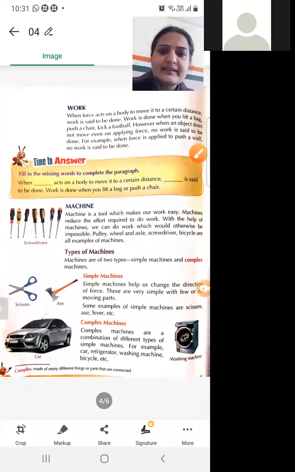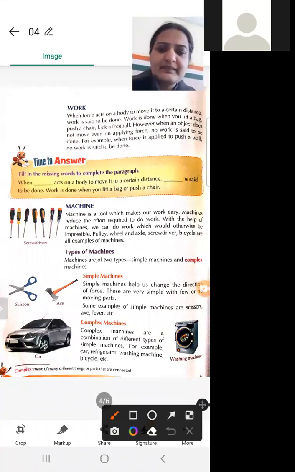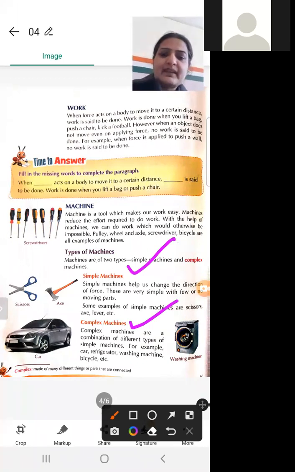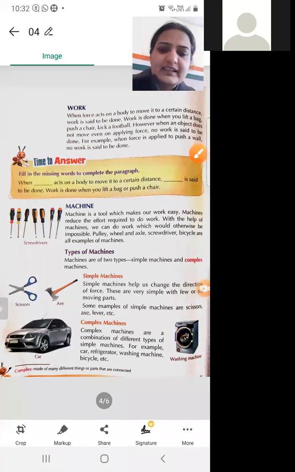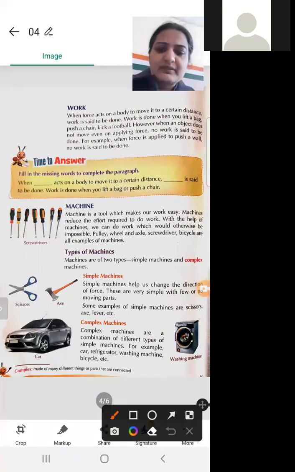And what are simple machines? Simple machines help us to change the direction of force.